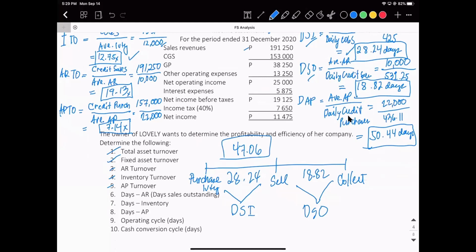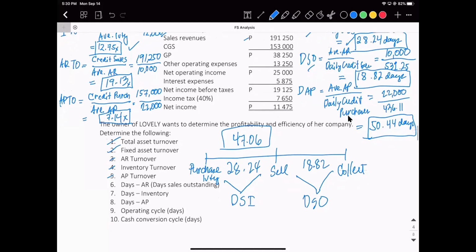Di ba, narinig niyo sa financial accounting. Yeah? In determining whether an asset or liability is current or non-current, we refer to the normal operating cycle. So, this is how we compute for the operating cycle. Now, how do we compute for cash conversion cycles?